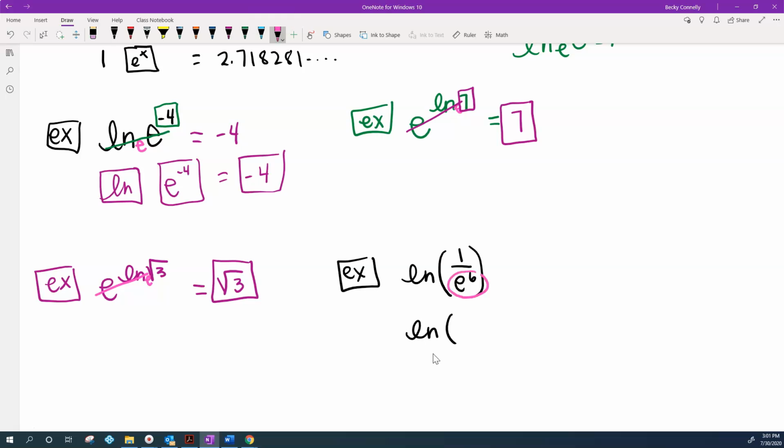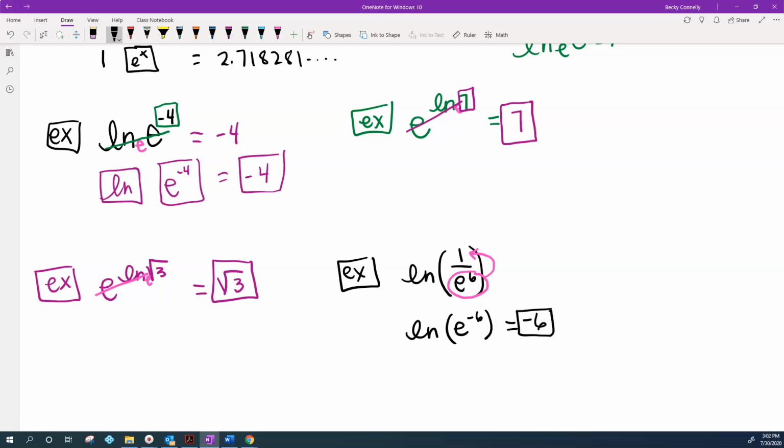Remember with properties of exponents, we can flip it upstairs, but that's going to make it e to the negative 6th power. And so then what would my answer end up being on this? Okay, good. So you're saying negative 6.